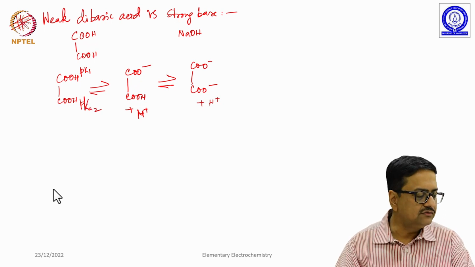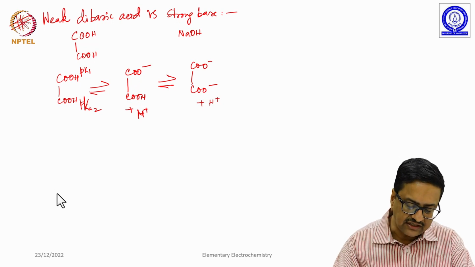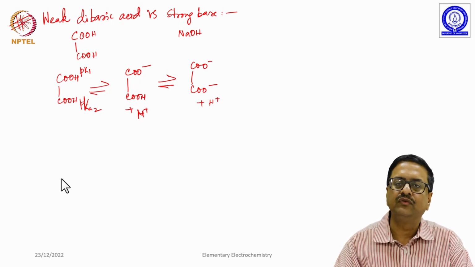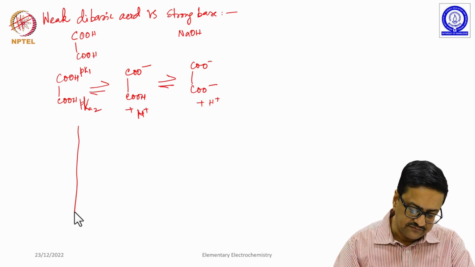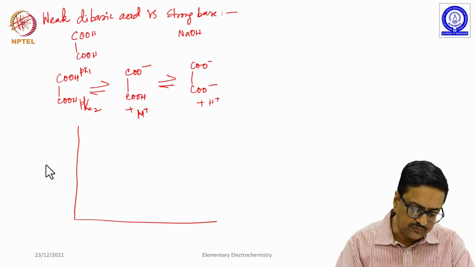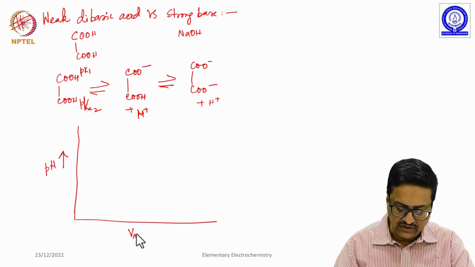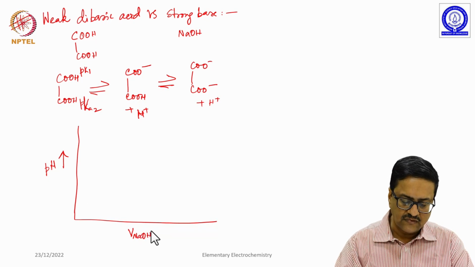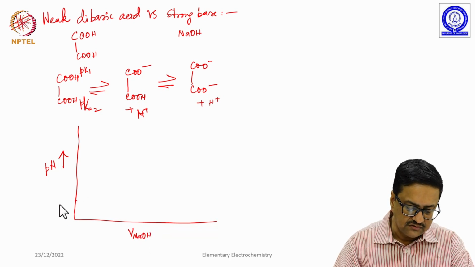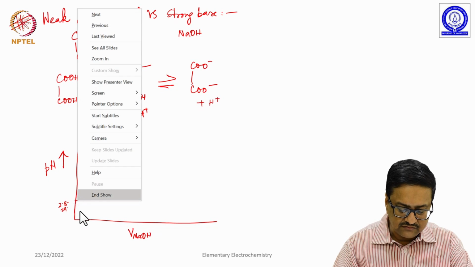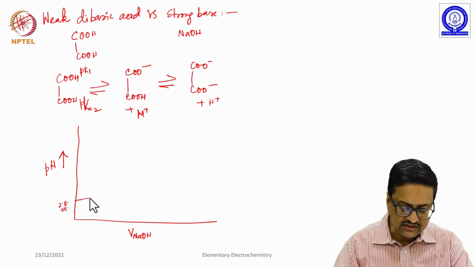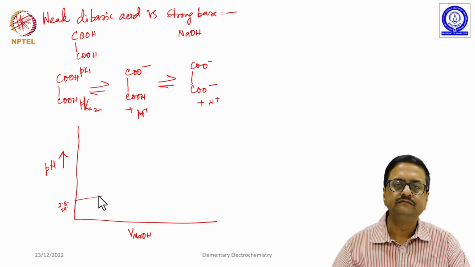Now, if we try to do this experiment as usual, as I have described in the previous case with weak acid, strong base, what will happen? When I plot pH versus volume of NaOH, again it will start around 2.8 to 2.9 pH, and slowly you will see an increase in the pH.